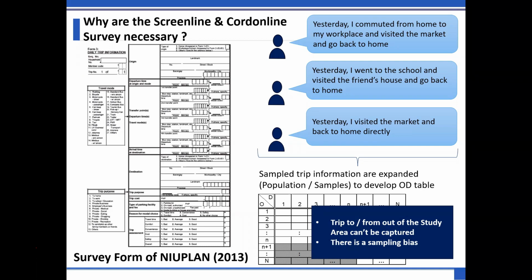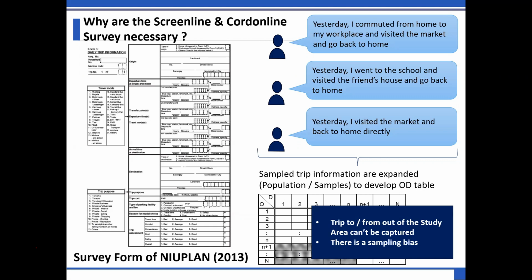To calibrate the OD table, screen line surveys are conducted. In other words, the validity of the PT survey, with a sampling rate of only a few percent, is secured by the screen line calibration.